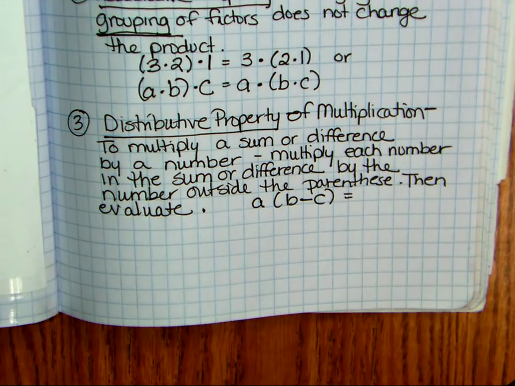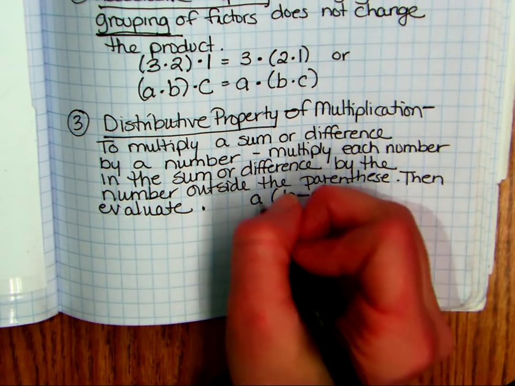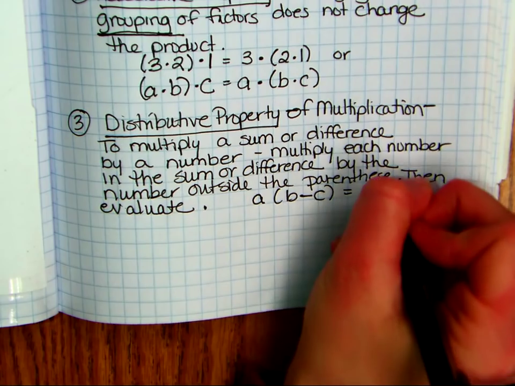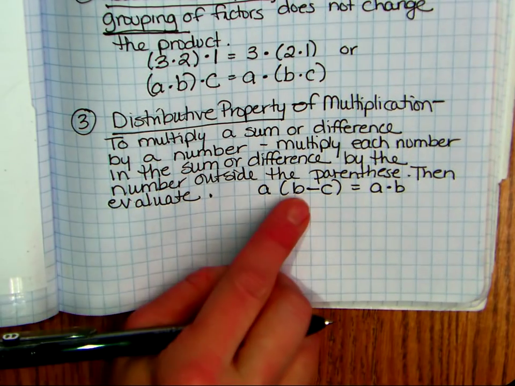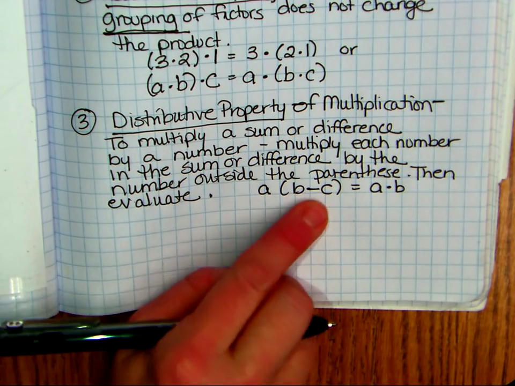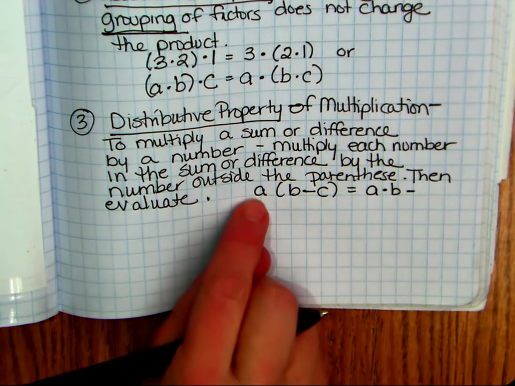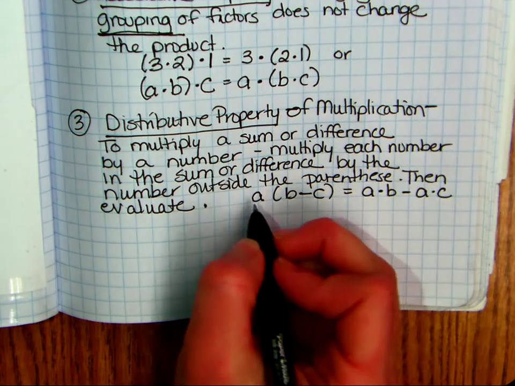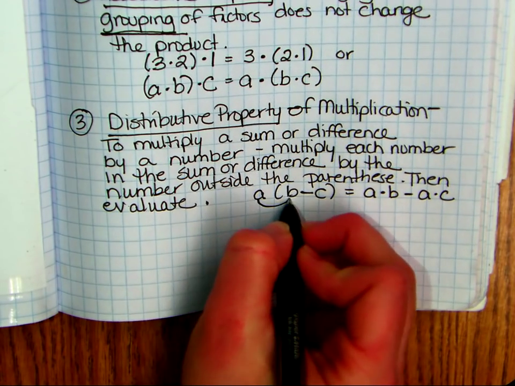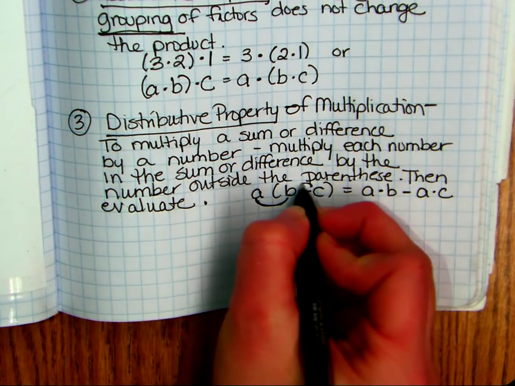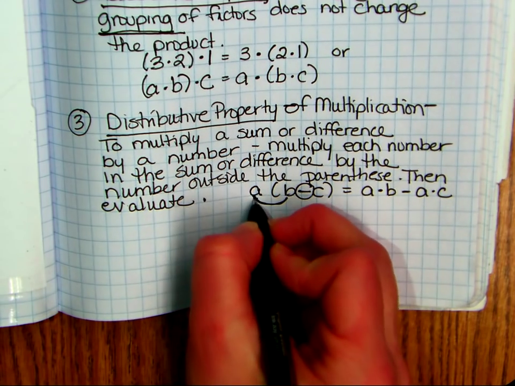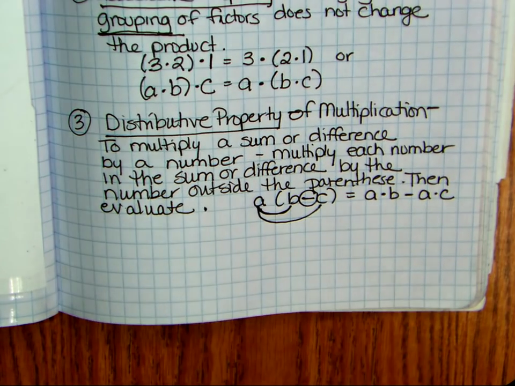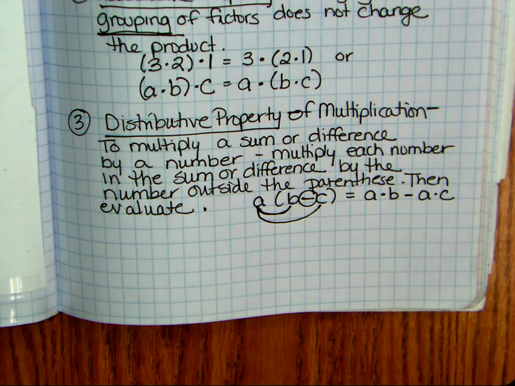This would be the equivalent to A times B, so A times B subtracting A times C. So I go in here, and I multiply it times this, then I subtract, and then multiply it by this times this. And that would be our answer.